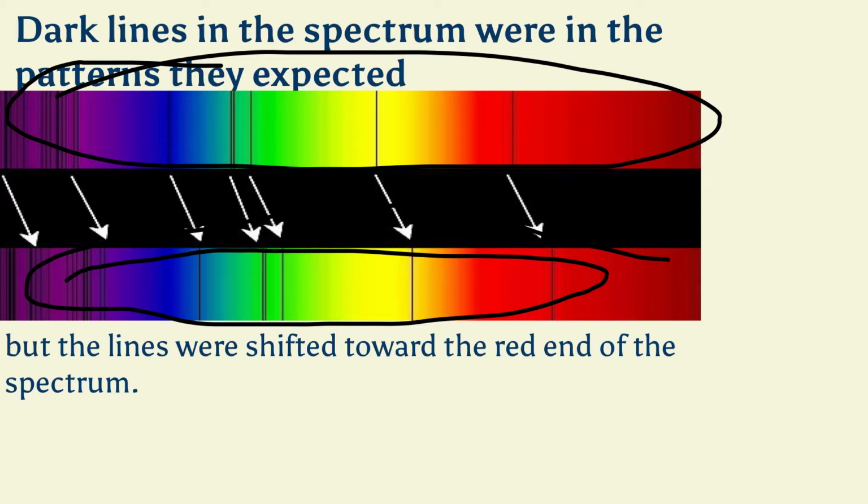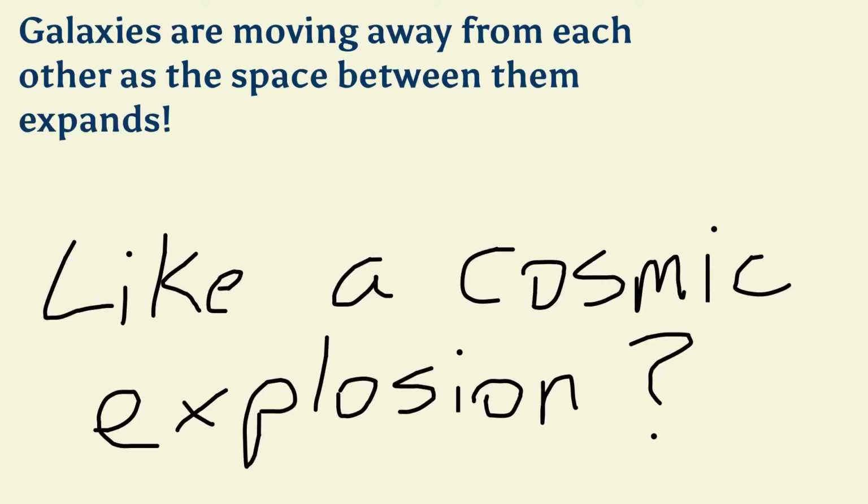This shift of absorption bands toward the red end is what is known as red shift. Red shift then suggests that the galaxies are moving away from each other as the space between them expands, almost like a cosmic explosion.